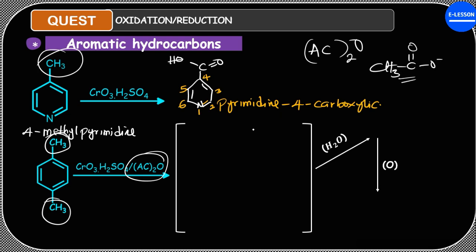All right. So when this attaches here, what do you think will be the product of this reaction? It will be something like this. You have this, right? And then you have the acetyl group attached to these positions. So this one comes here, and then you have the double bond.